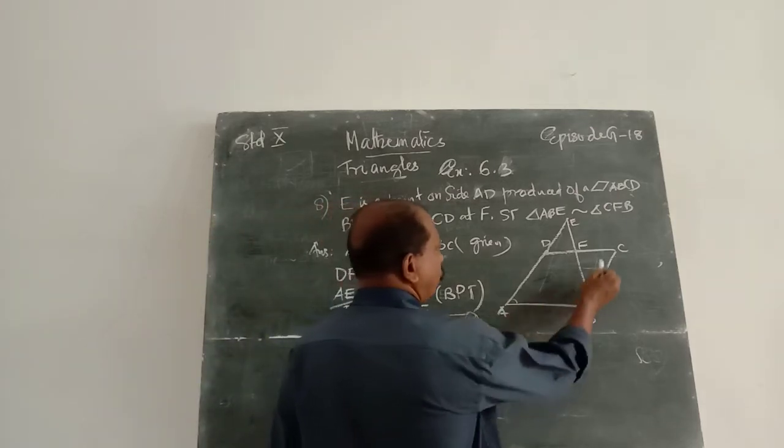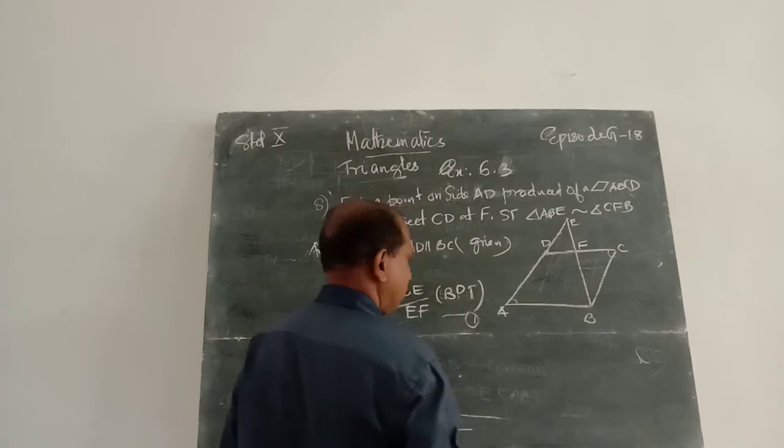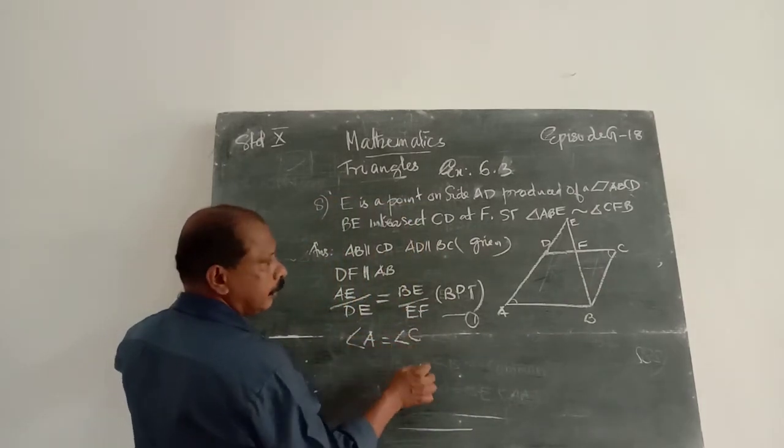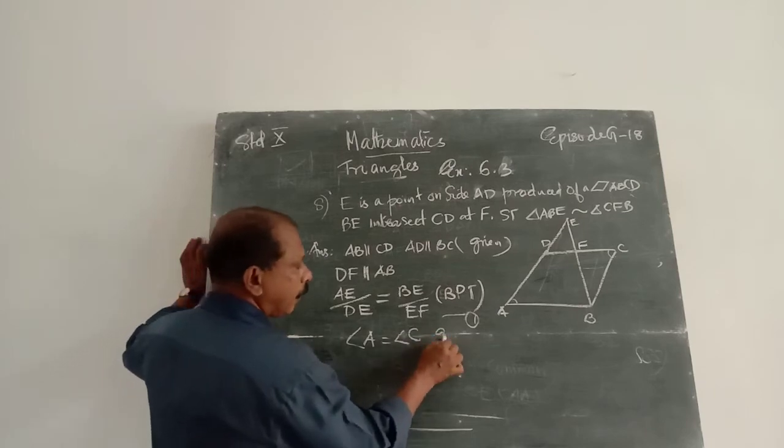These two angles are equal. That is, angle A is equal to angle C. Given.